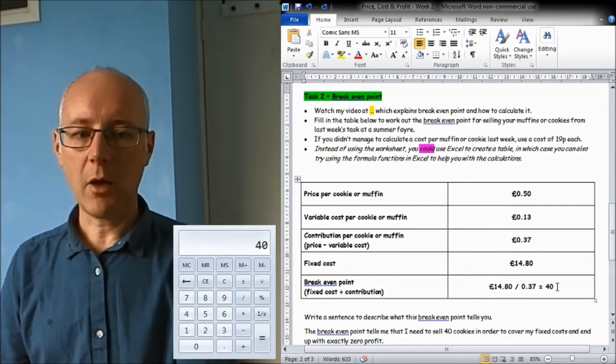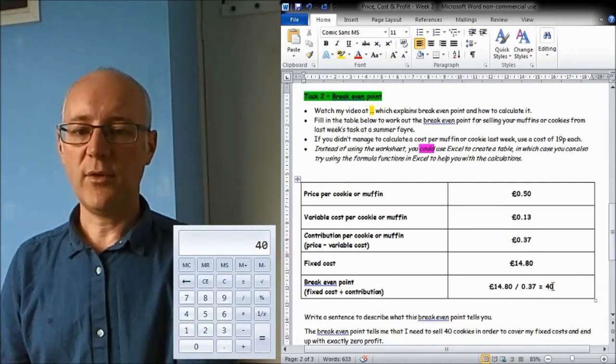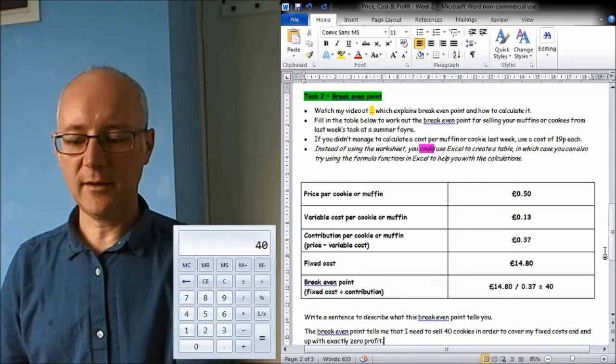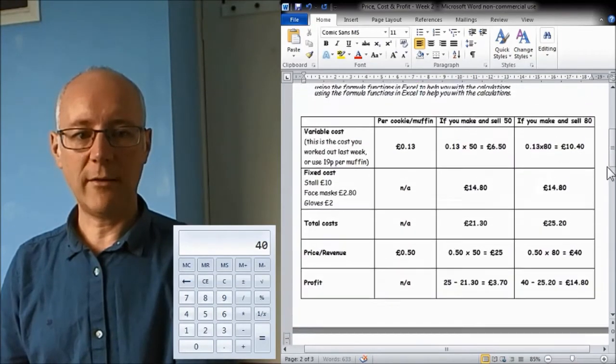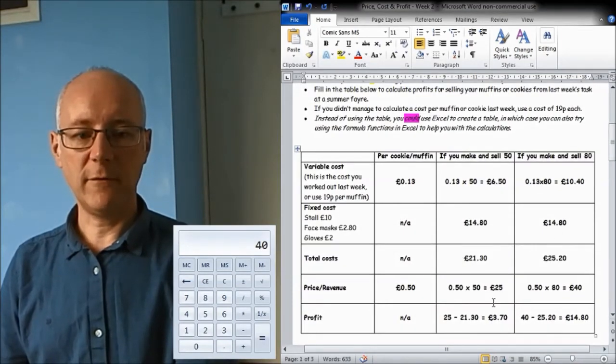If I manage to sell more than 40 cookies, then I manage to make a profit. And we can see that that fits with what we worked out earlier on, that for 50 cookies I get a profit of £3.70. For 80 cookies I get £14.80.